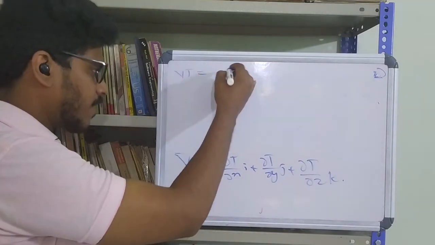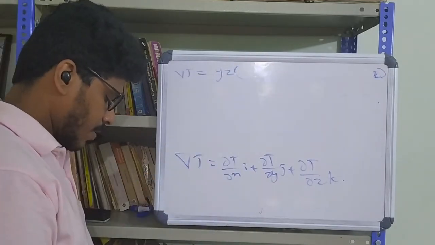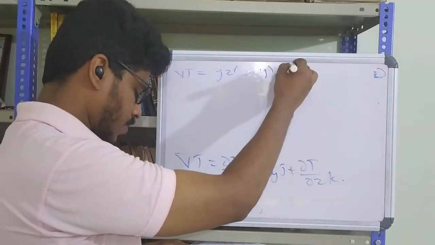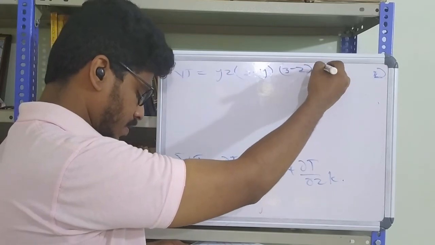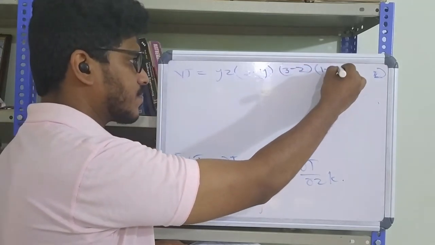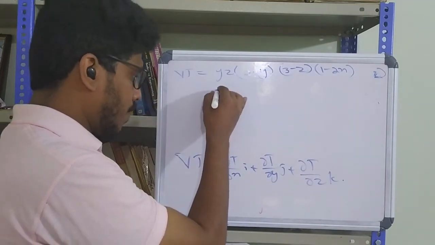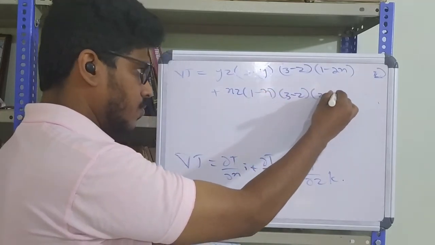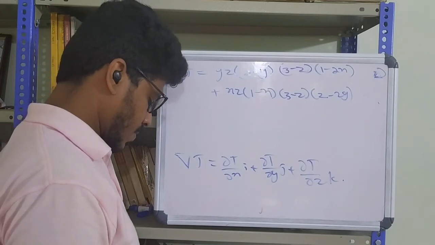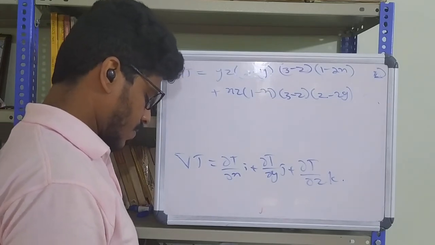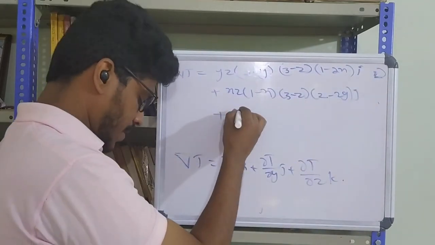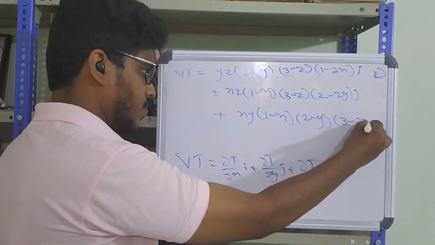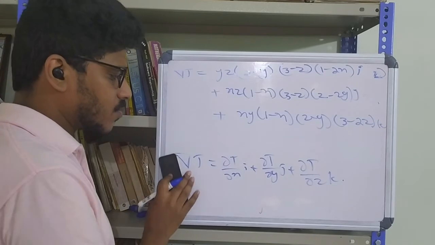Gradient T is yz(2 minus y)(3 minus z)(1 minus 2x) i plus xz(1 minus x)(3 minus z)(2 minus 2y) j plus xy(1 minus x)(2 minus y)(3 minus 2z) k. So I suppose this could be the answer.